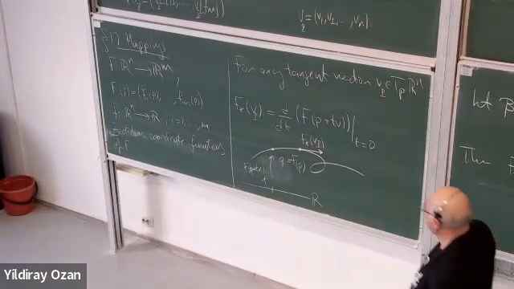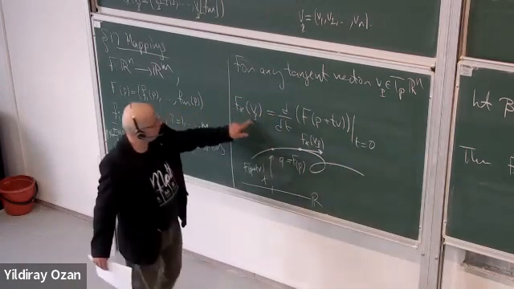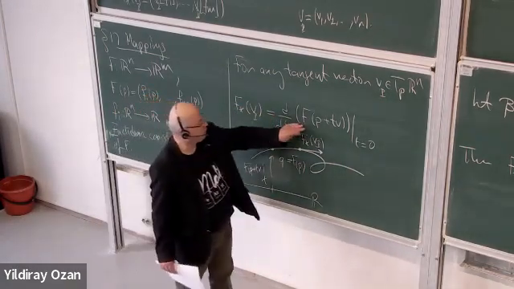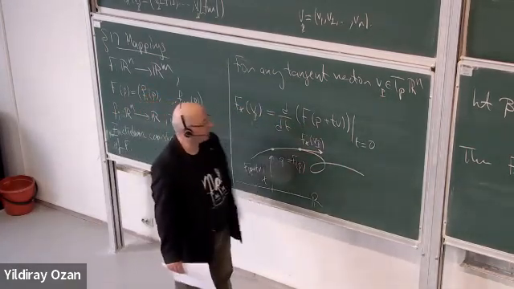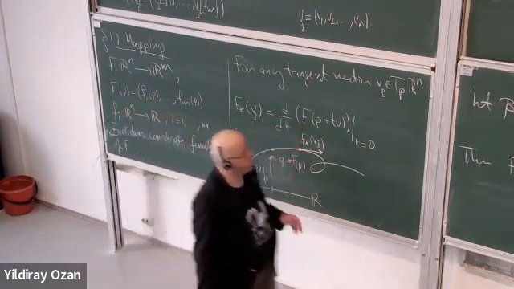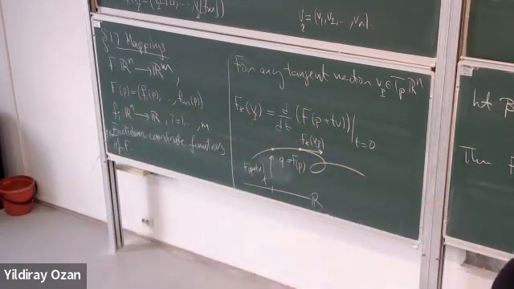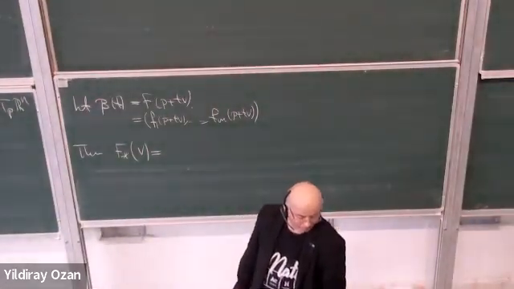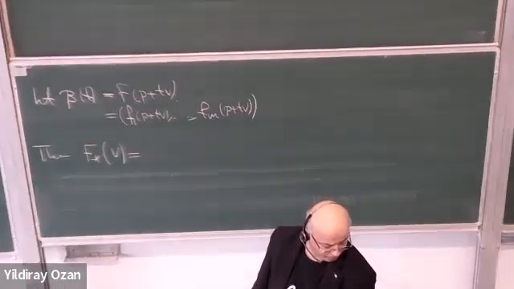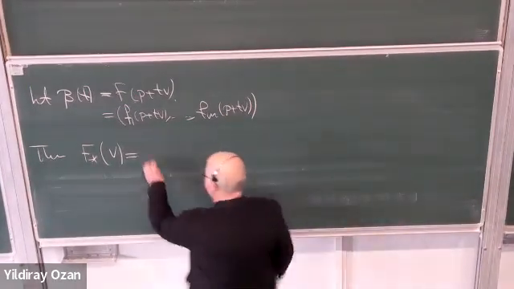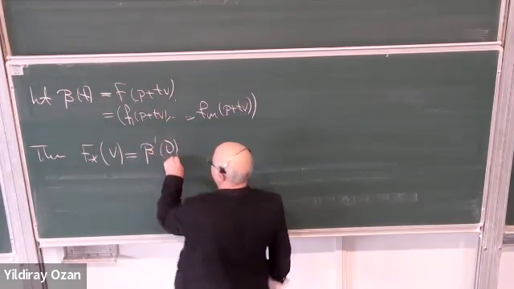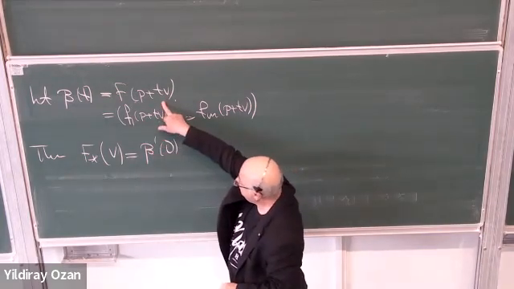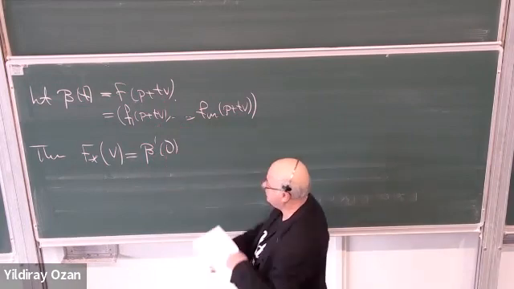So f star of vp is nothing but the derivative of f of p plus tv at the point t equals 0. Beta of t is this, therefore this is nothing but beta prime at 0, the derivative of this expression at the point 0.